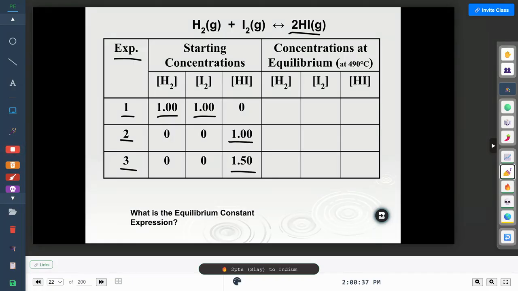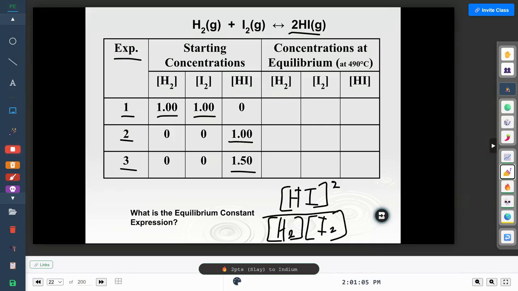And I bet we can figure it out if we do the equilibrium constant expression. So if we calculate the equilibrium constant expression, we know that we have HI, product, HI squared divided by our H2 concentration and divided by our I2 concentration. So that's our equilibrium constant.